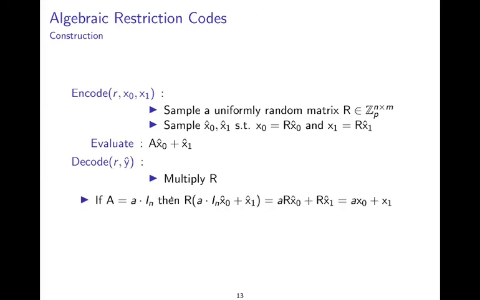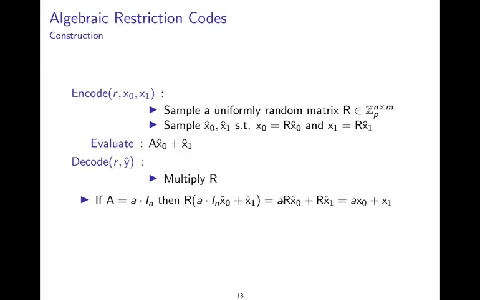You should know that if A is a scaled unit matrix, then R times A times unit matrix times x0 hat plus x1 hat. This R distributes into these and can be swapped around with this scalar.